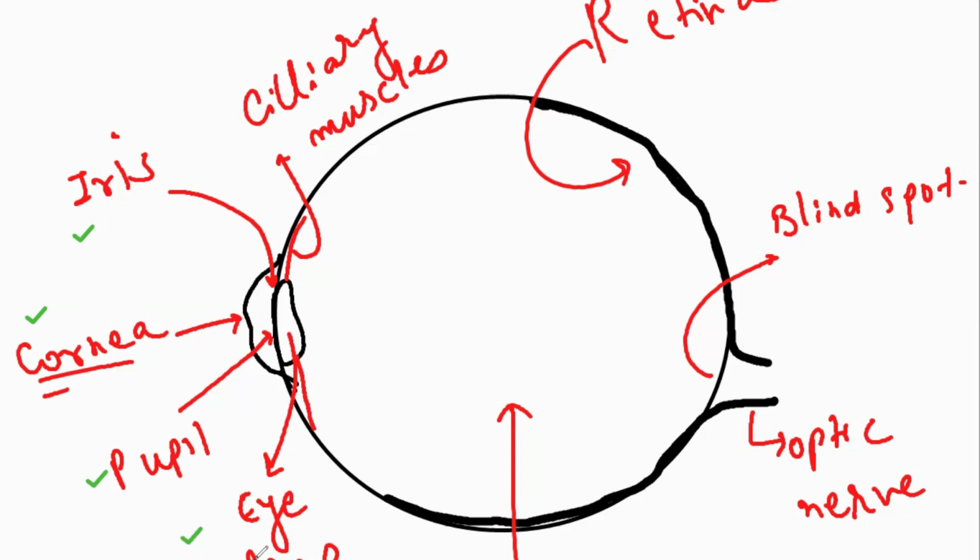The eye lens is a convex lens made up of soft and flexible material like a jelly-made protein. That's the reason we have lots of protein in our eyes, and why protein is very helpful in our body. Its focal length can be changed by the action of the ciliary muscles. Wherever there is a lens, there will be a focal length and a center of curvature.